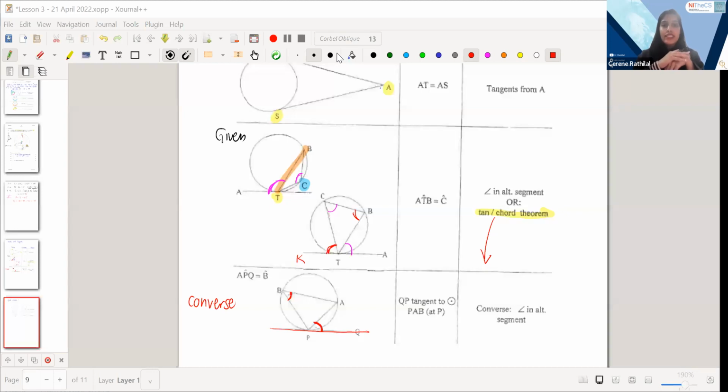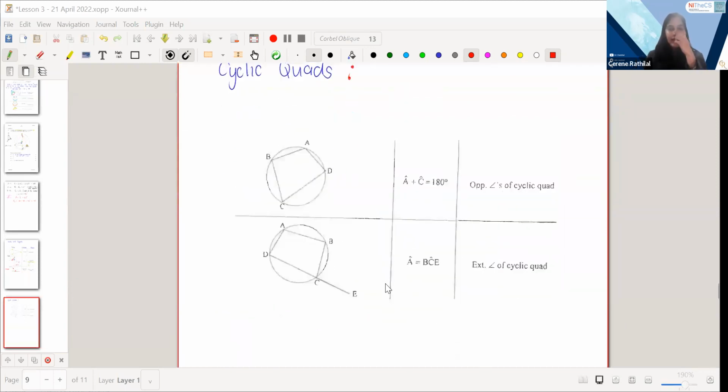We have a response here that says when all 4 points touch the circumference of the circle. Perfect. That is what I was looking for. All right, so that is a cyclic quadrilateral. It is a quadrilateral whose vertices actually lie on the circumference of a circle. So in particular, this diagram that you see here is an example of a cyclic quad, and likewise in the second one, right? So I'm not sure why that didn't write.